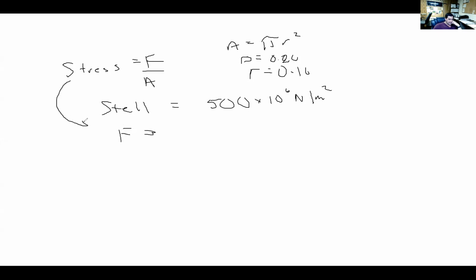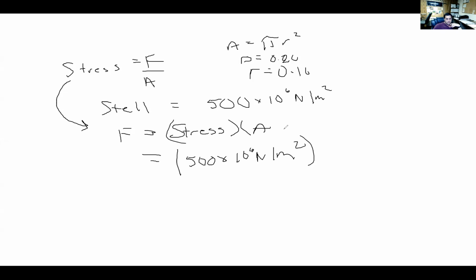So rearranging this, force is equal to stress times area. If it breaks at 500 times 10 to the 6 Newton per meter squared, times the area, 3.14 times 10 to the minus sixth meters squared.